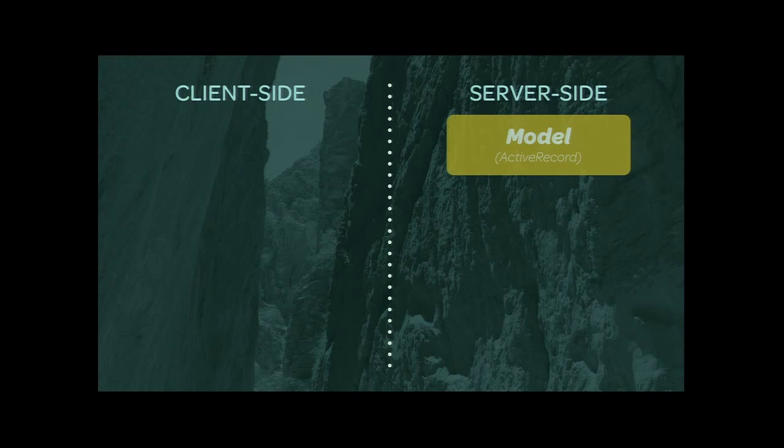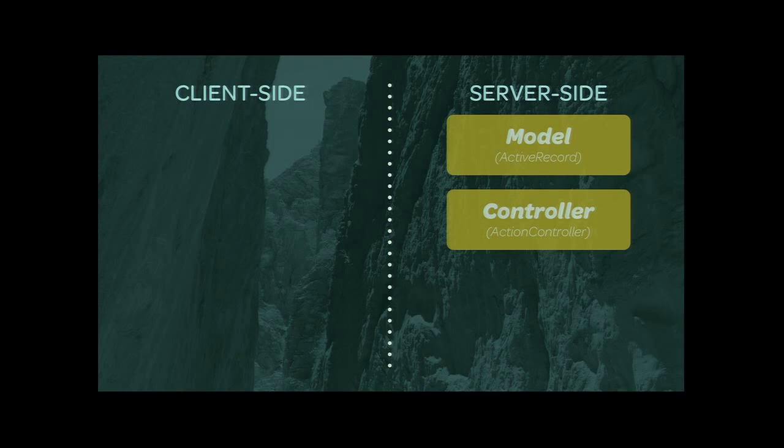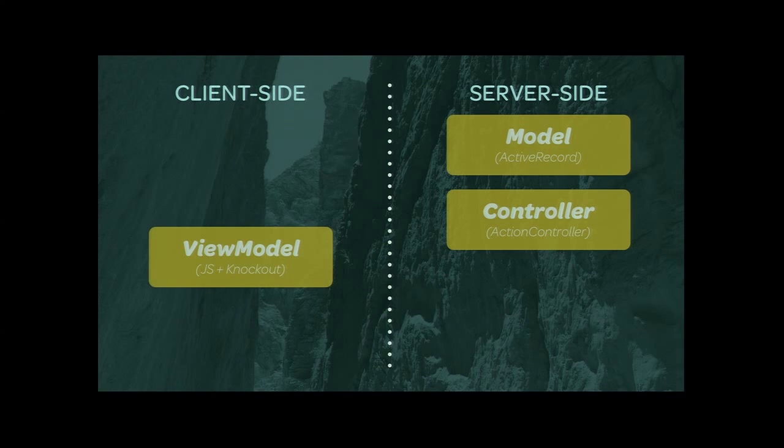Those are like active record models for Ruby on Rails. We've got controllers which accept requests and sort of route that to an action and then figure out how to pull together different data that the page is going to need that we're going to render. And then over on the client side, once we serve JavaScript, we've got these view models, which are objects that understand what are the concepts in my user interface and how do those concepts interact with each other.